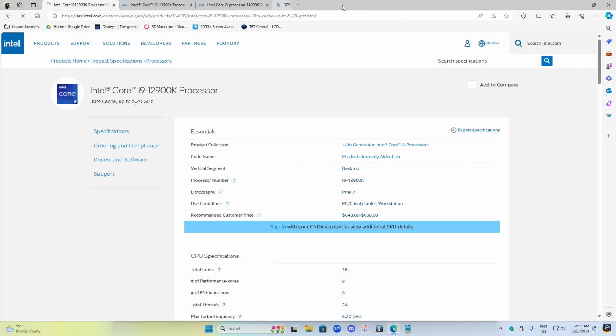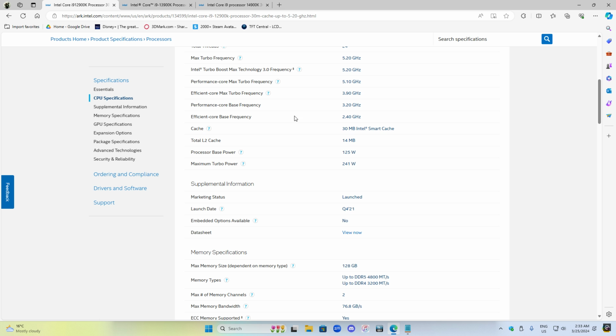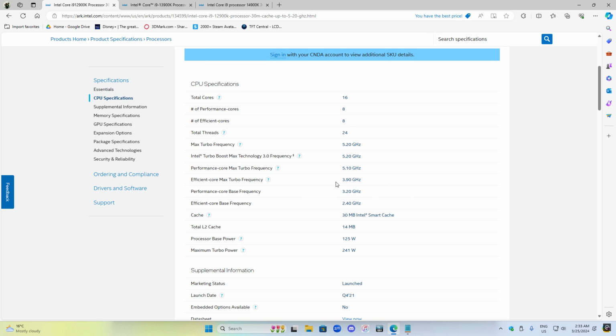Do you guys remember that the 12900K actually had a 4.9 gigahertz all-core turbo in 8-core loads, and a 3.7 gigahertz E-core turbo? Intel spec is 5.1 and 3.9.